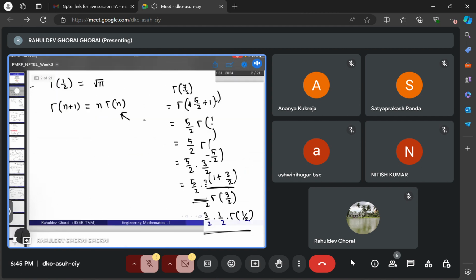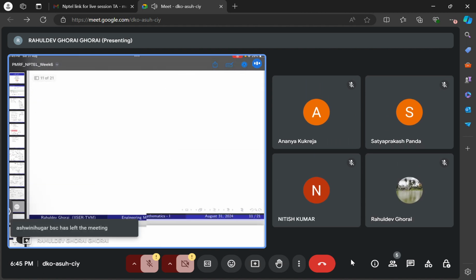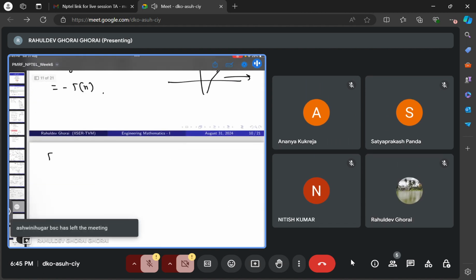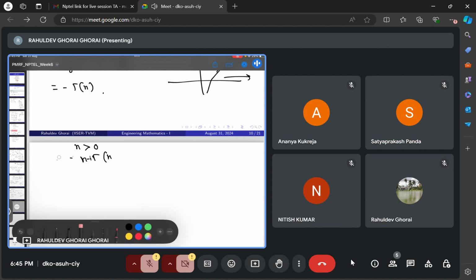And for positive integers, we have already discussed this. Let me write it in a better way so that you can remember. Gamma at n plus 1 will be n times gamma n for any positive real numbers.